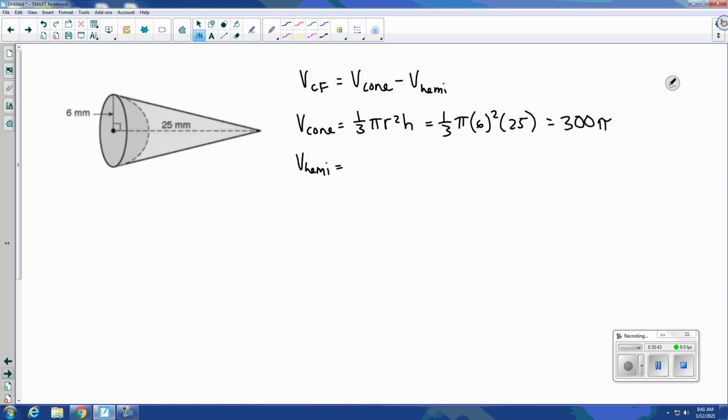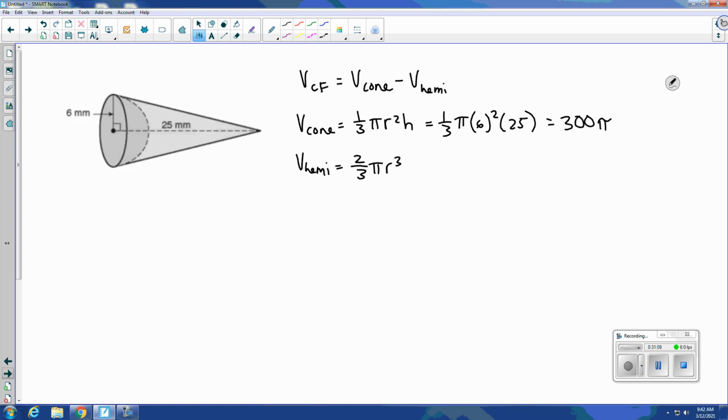So volume of a sphere is 4/3 pi r cubed. So if we just want volume of a hemisphere, we're going to divide that by 2. Now, dividing by 2 is the same thing as multiplying by 1/2, right? So we can just multiply this thing by 1/2, and we're going to get 4/6, which is 2/3. Right? So instead of 4/3, we're going to have 2/3 pi r cubed for our formula.